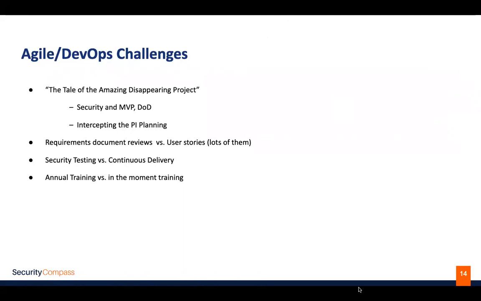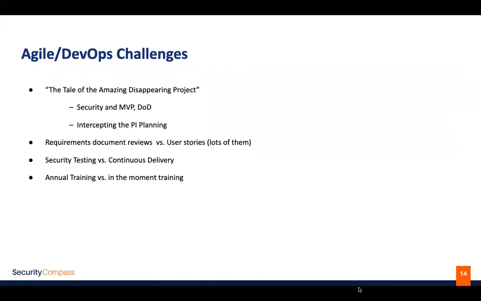If you're used to big waterfall projects with legacy, monolithic applications, you probably have reviewed design documents and requirements documents. Well, those things almost disappear if you're in an Agile mode where you're building the application from scratch using user stories, and probably a lot of them.